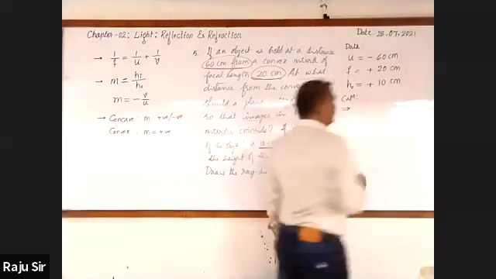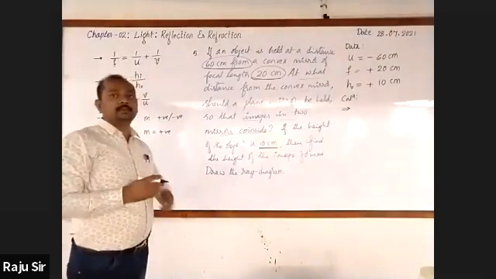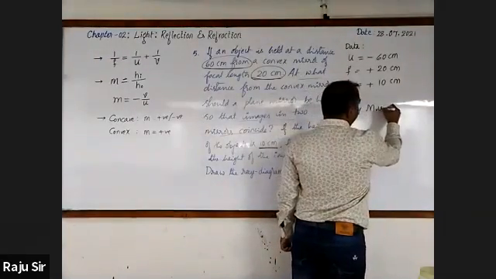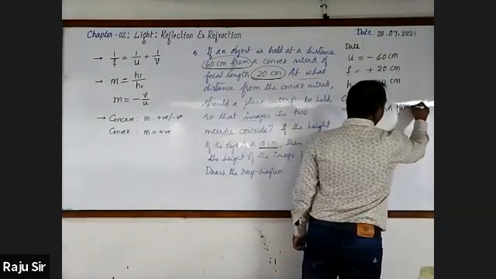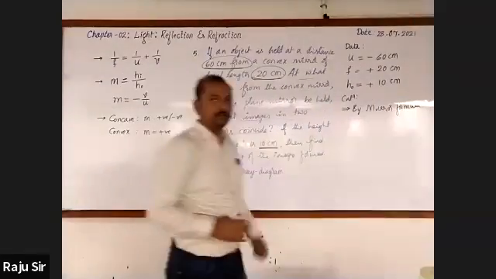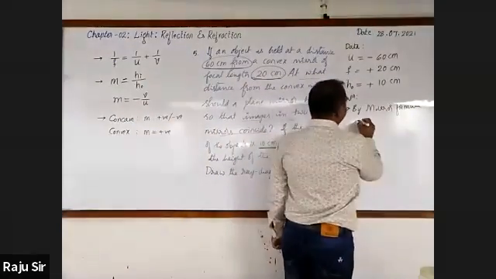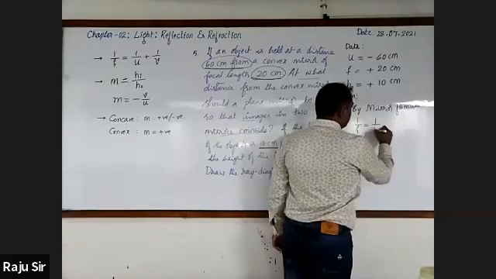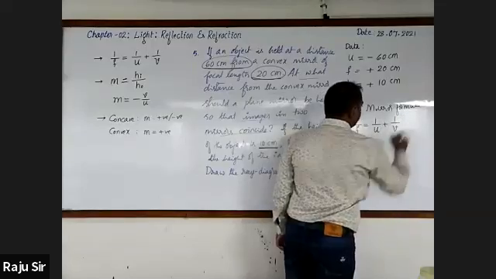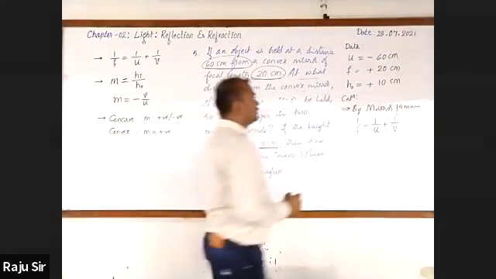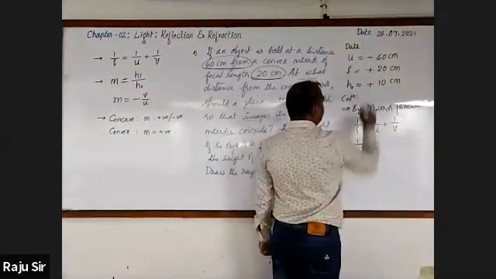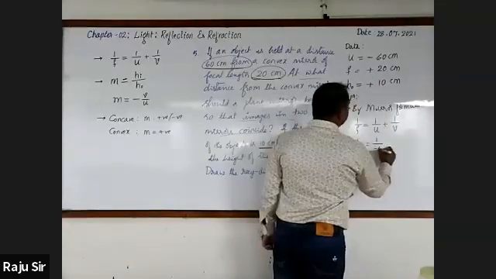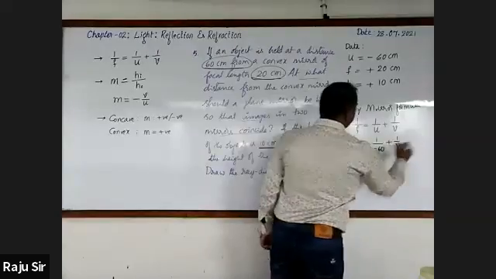First, let us focus on finding at what distance the image is formed. So obviously we have to use the mirror formula. By the mirror formula, 1 by f is equal to 1 by u plus 1 by v. Substitute: 1 by 20 is equal to 1 by minus 60 plus 1 by v.